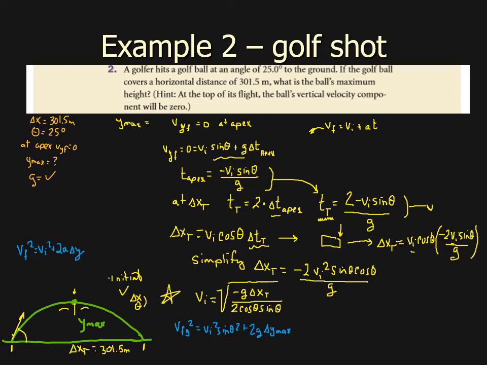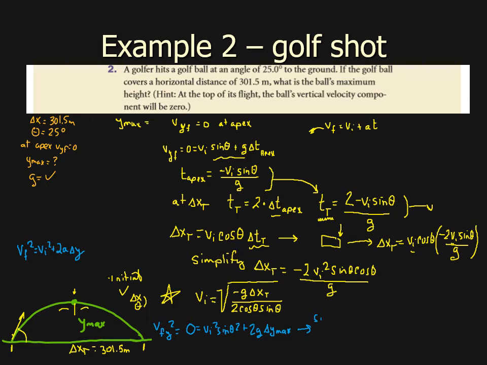And because the final velocity at max, we talked about that the very first thing, we know that equals 0. So because it equals 0, let me do this. I like to see that 0 actually out in front, and that equals vf in the y direction squared. Okay, let's solve for y max.